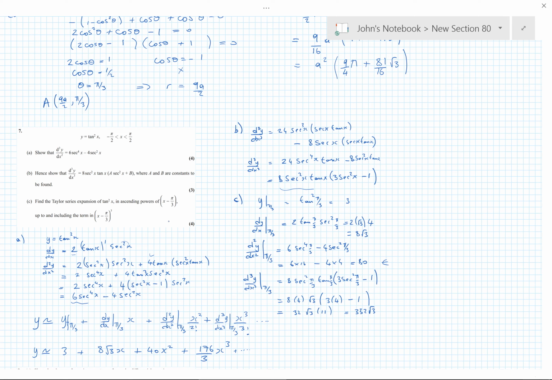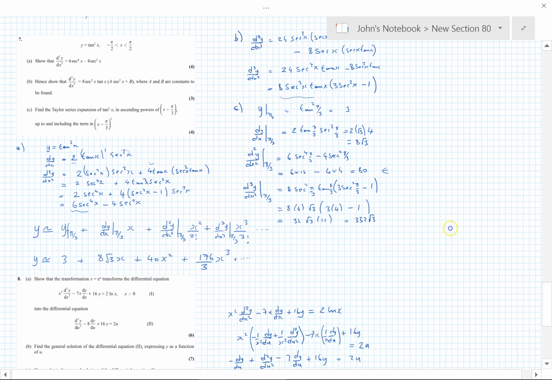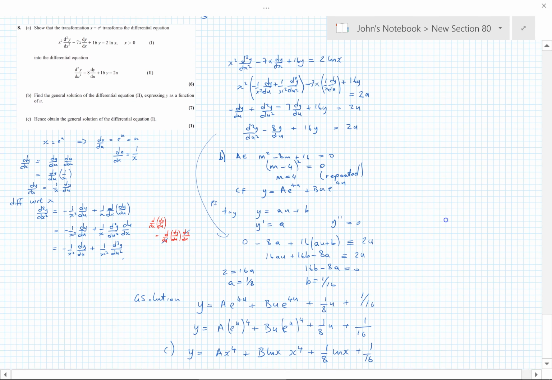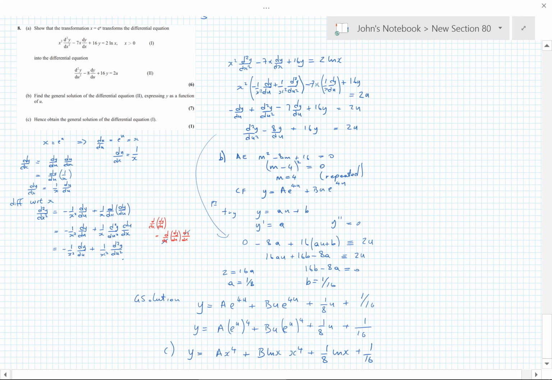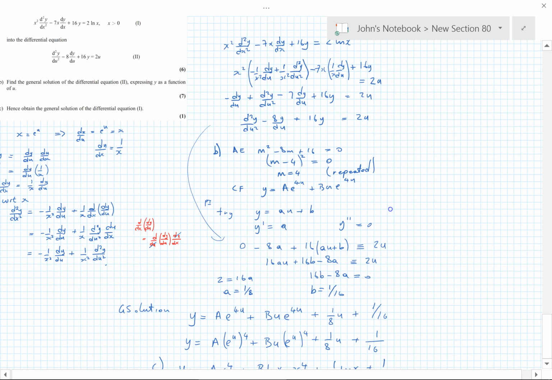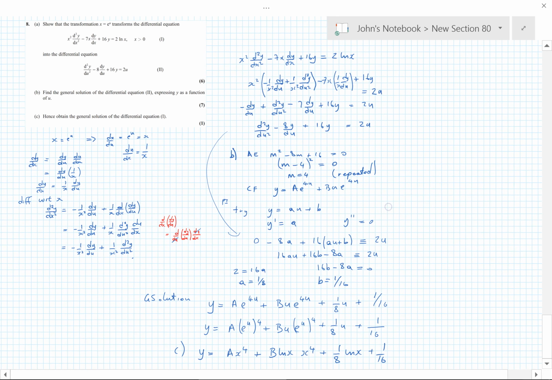I've been marking some people's C3 recently, and they're just not getting those obvious applications of the chain rule and then the product rule to follow it. This one, if it was the first time we saw that type of question, would probably be pretty horrific. But in fact, looking at it here, it's not too bad at all, because we've seen that type of thing many times.